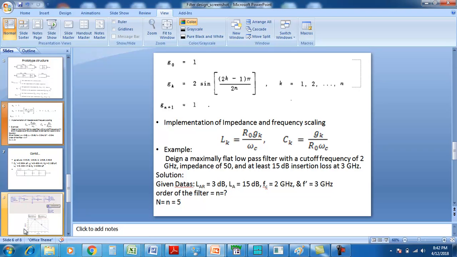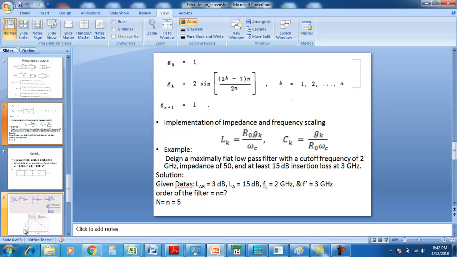For example, design a maximally flat low-pass filter with a cutoff frequency of 2 GHz, impedance of 50 ohm, and at least 15 dB insertion loss at 3 GHz. So this is our given problem. For this given problem, the data are LAR equal to 3 dB because this is a maximally flat filter.